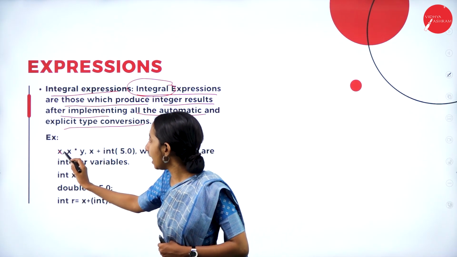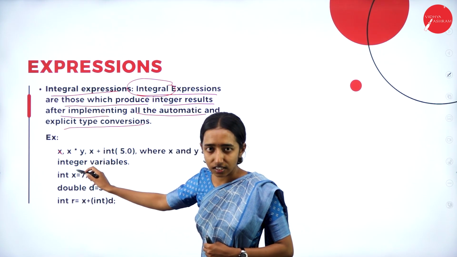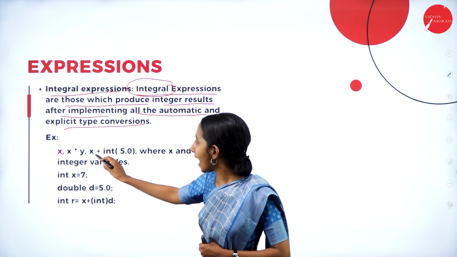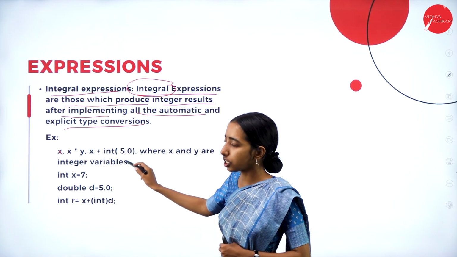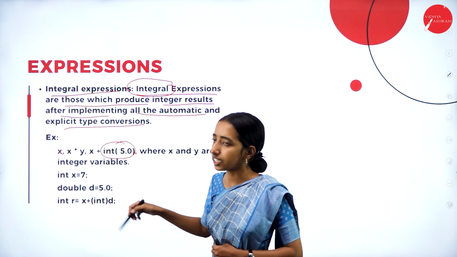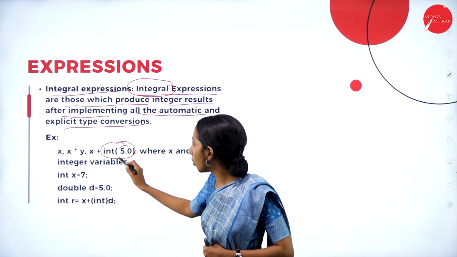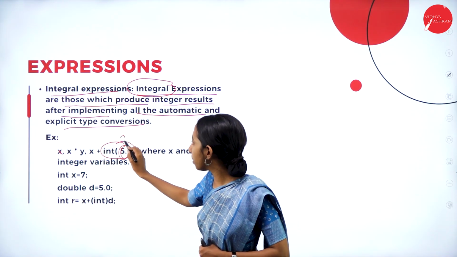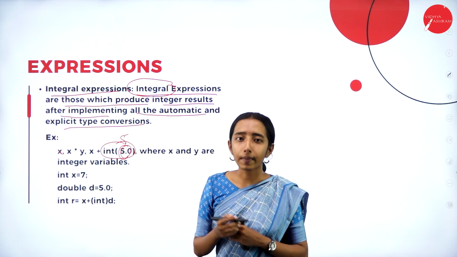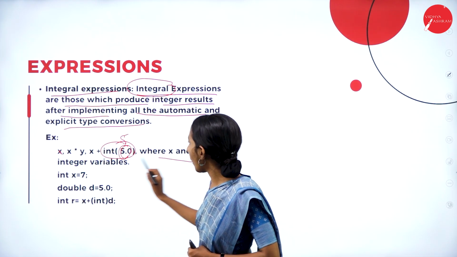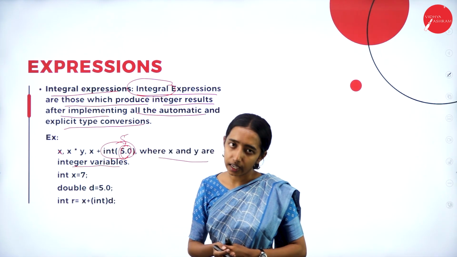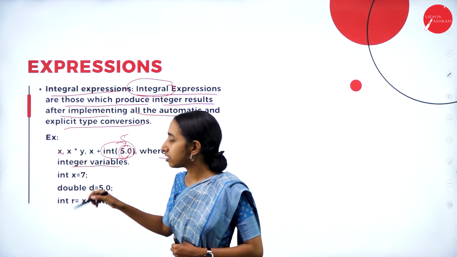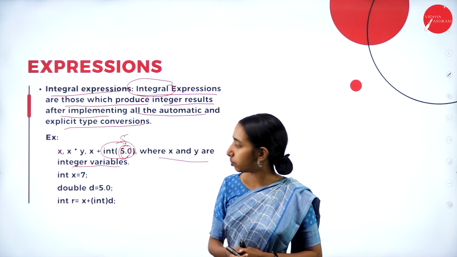Example, you can see x, the asterisk means multiplication, y, x plus int of 5.0. Here I am typecasting, casting the float value into the integer value, so it becomes 5, where x and y are integer variables.